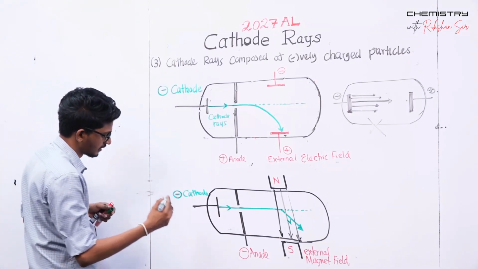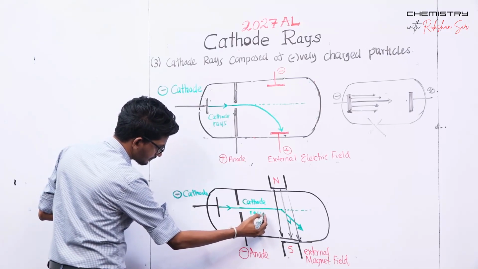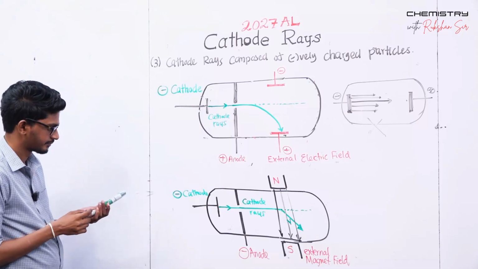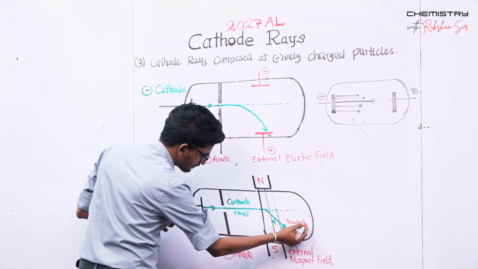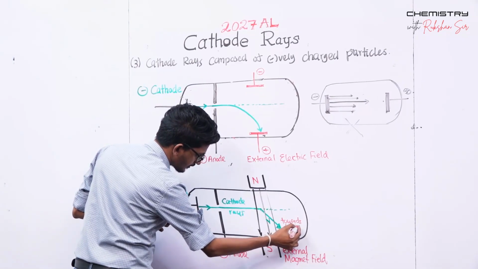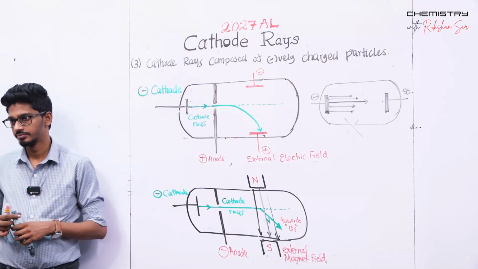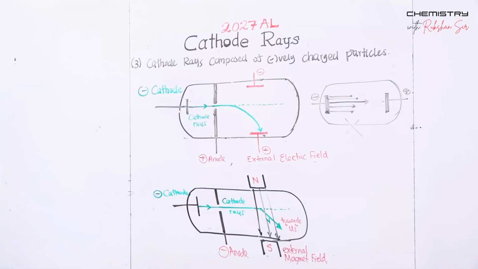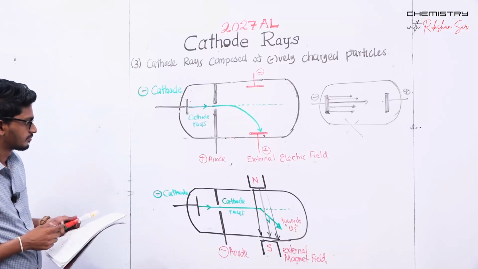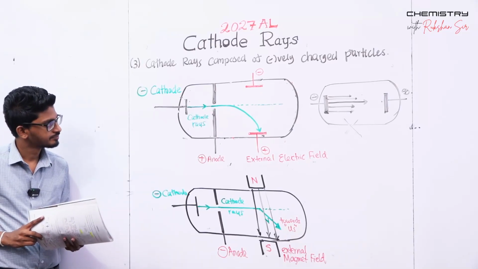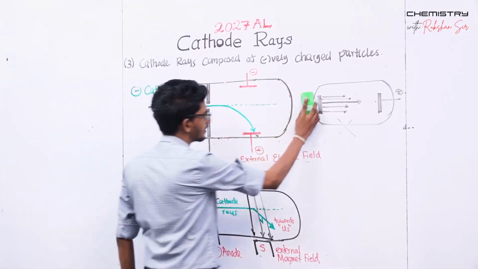These are cathode rays. The deflection is towards you, or towards us. This is towards the positive terminal.